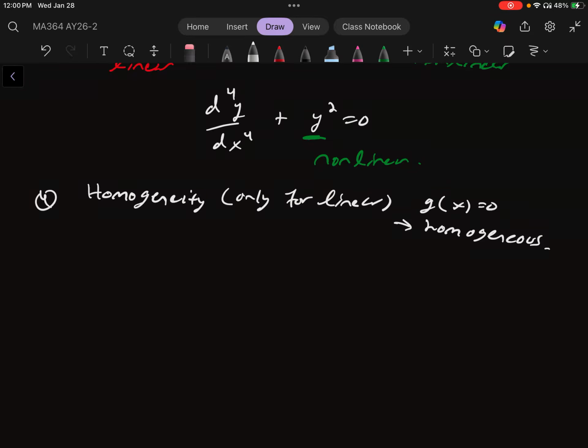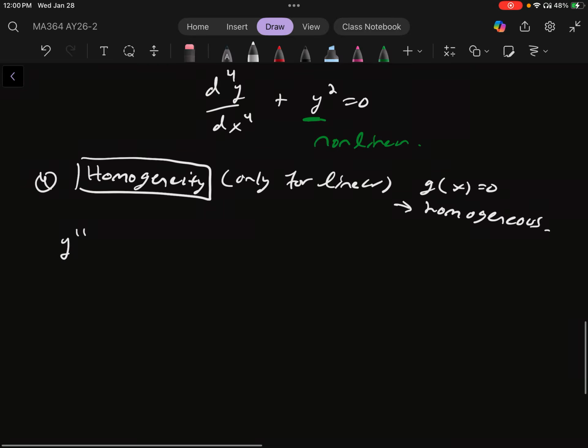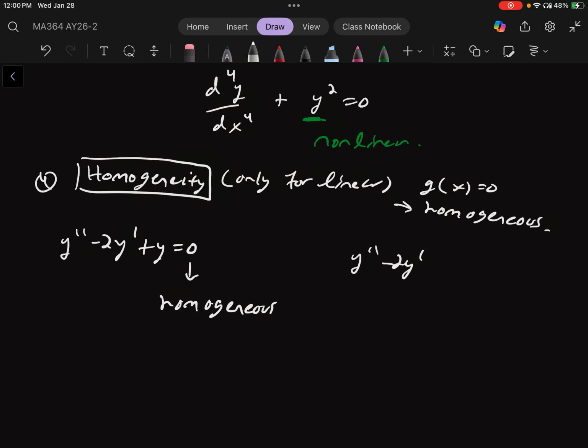To give you two examples, in this example, the 0 at the right-hand side is what makes it homogeneous. Versus if I were to write the same thing, let's put x there, this guy right here would make it non-homogeneous.